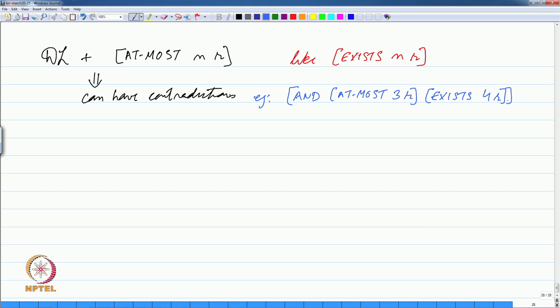It would be a perfectly well formed statement in our language, but it is a meaningless statement because it basically stands for the empty concept, or empty set. You cannot say that you have at most 3 and at least 4 children. So, obviously, it does not represent any tangible set.